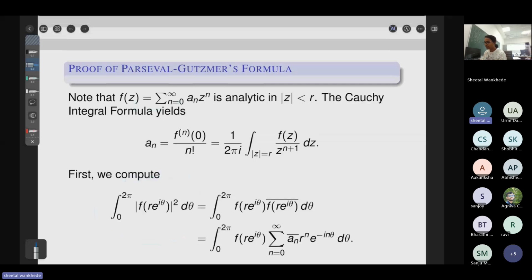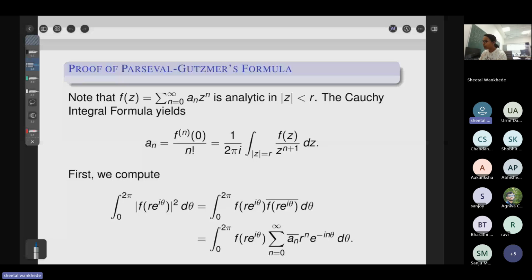We split the mod square into two parts; f of r e^{iθ} we keep as it is, and we write the conjugate in its series form. Then for this a_n, take all this term out. Up to now it's okay, fine.